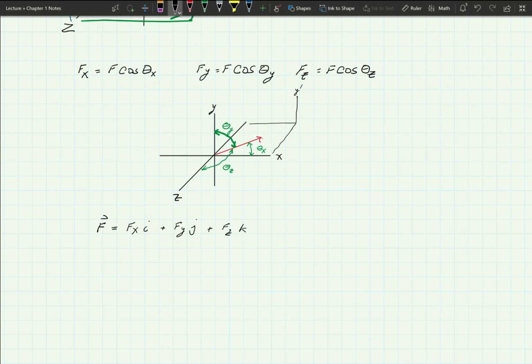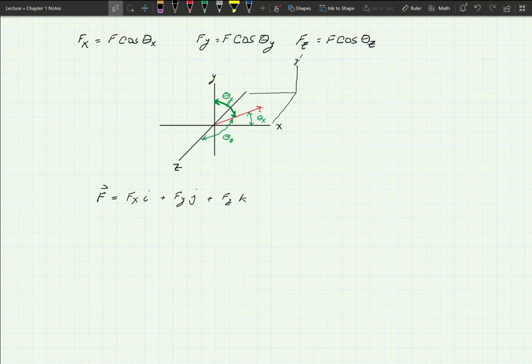Okay? And those are the important things. Remember, these guys are the unit vectors. Okay? So it's probably worth a note there. I, j, and k are unit vectors. Okay? And that'll help you with that.